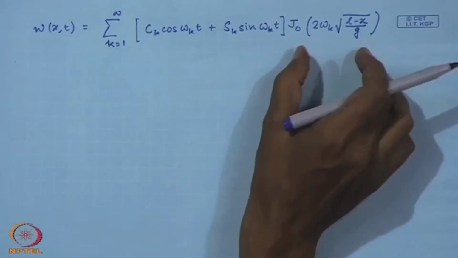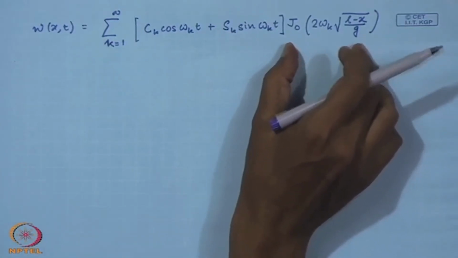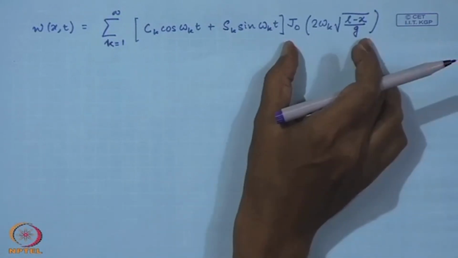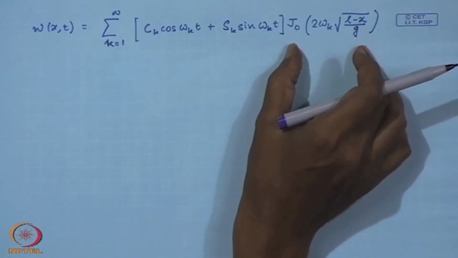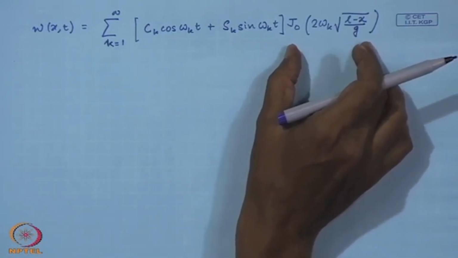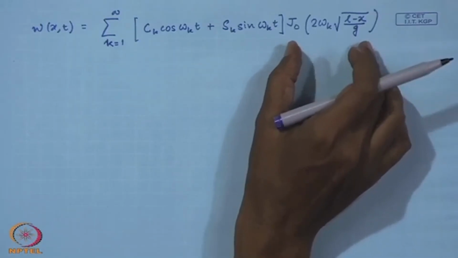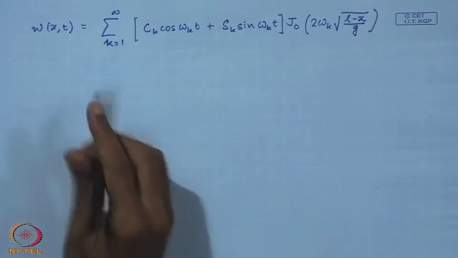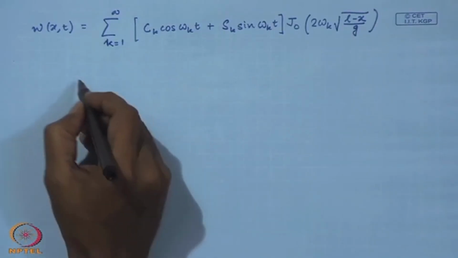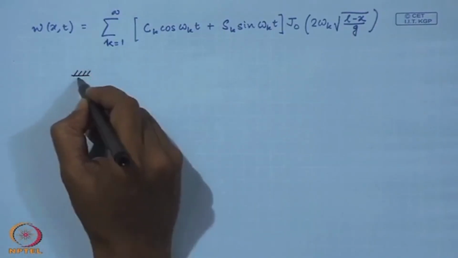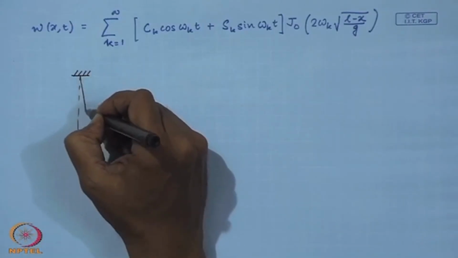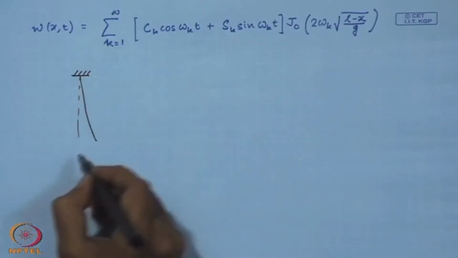where these represent the modes, these are the eigen functions, and the modes of vibration of a uniform hanging string are defined by these eigen functions. So, the modes of vibration of a hanging string are defined by these eigen functions, and they look like this. So, this is the first mode.